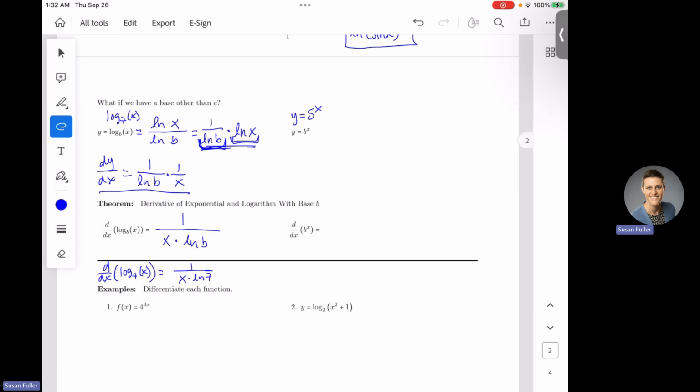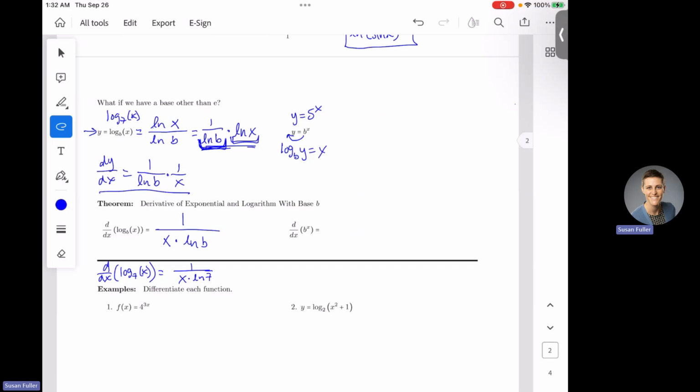Okay, so now what if I have an exponential with a base other than e? If I have y equals b to the x, now that I know how to take the derivative of log base b of x, I'm going to rewrite this in logarithmic form as log base b of y equals x. That's the equivalent logarithmic form.